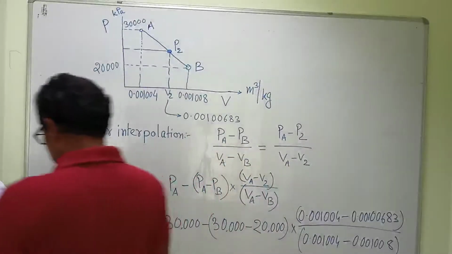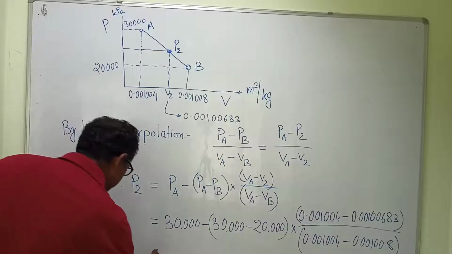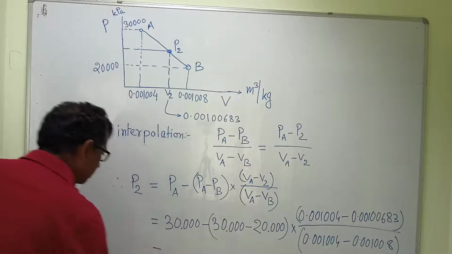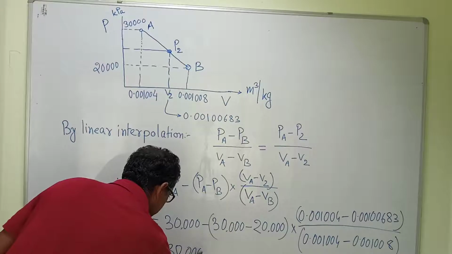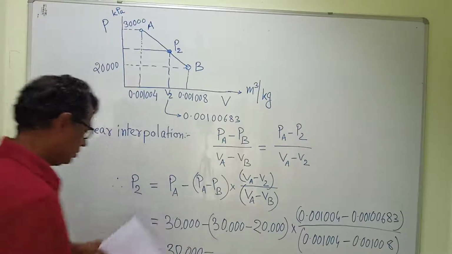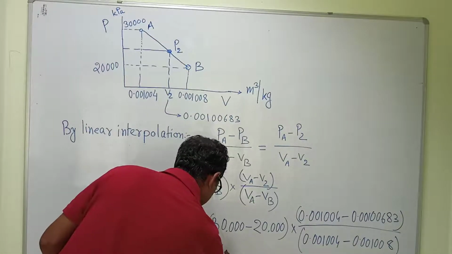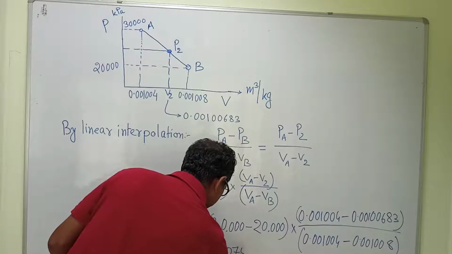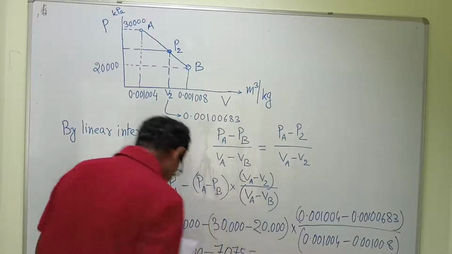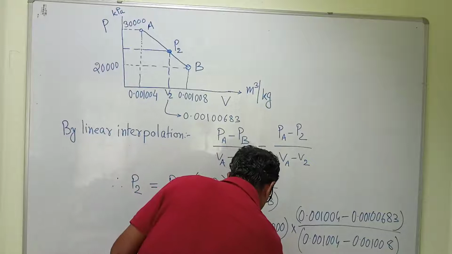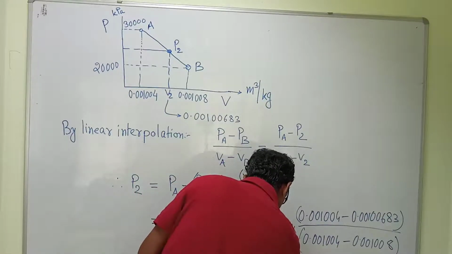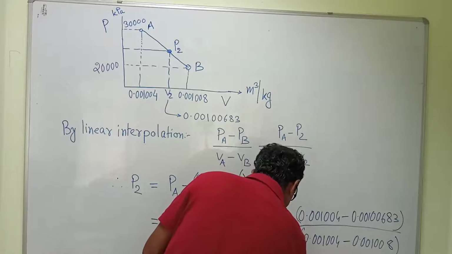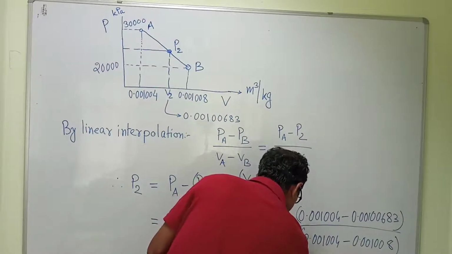So by calculation you will find that it is coming out to be 30,000 minus 7,075, which is equal to 22,925 kilopascal.